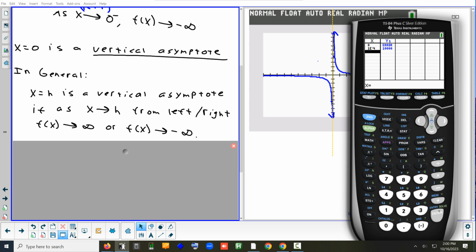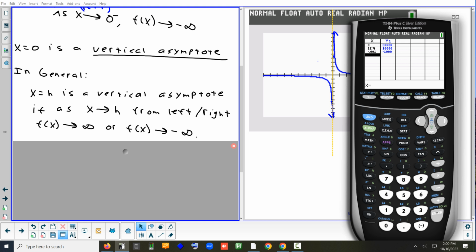Look at what you get for y. If you type in that scientific notation, 0.0001, you get 10,000. So you can tell the graph is going way up. What's another number that's really close to 0, but on the other side? Yeah, negative 0.001.